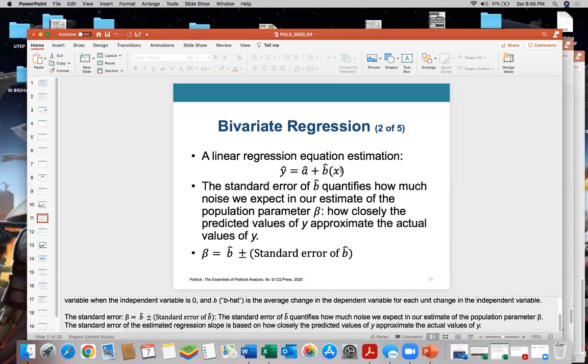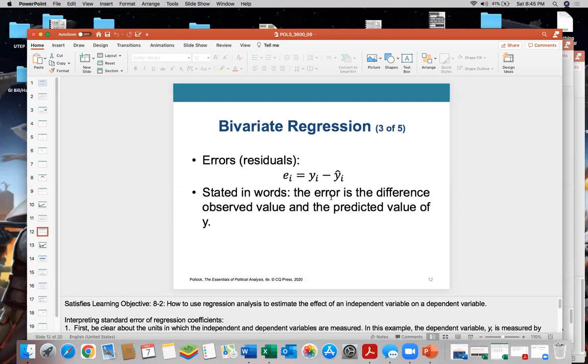When x is 0, a is going to be your y-intercept. And then the standard error of b is the b hat plus or minus the standard error of the b hat, which quantifies the noise in the estimated regression slopes based on how closely the predicted values of y approximate the actual values.